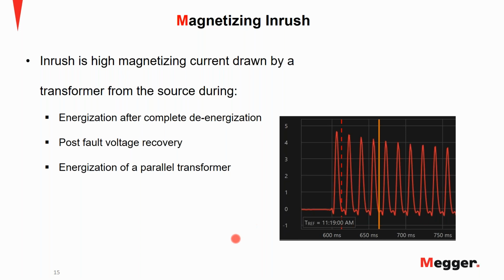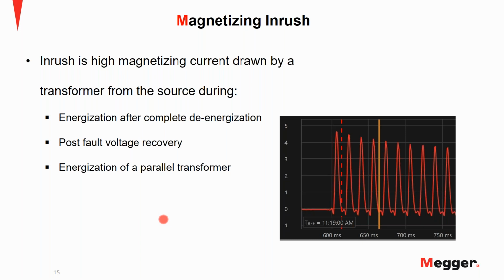The other one that I don't have listed would be, depending on where it's at in the system, if your transformer is closer to the generator, there's not a huge amount of resistance between the transformer and the generator. At that point, you could see a very high amount of current for a longer duration of time. The more resistance you put between the transformer being energized and the source, the lower the inrush current will be.